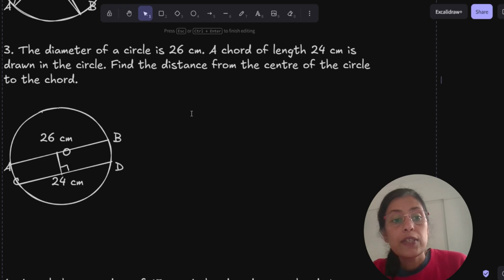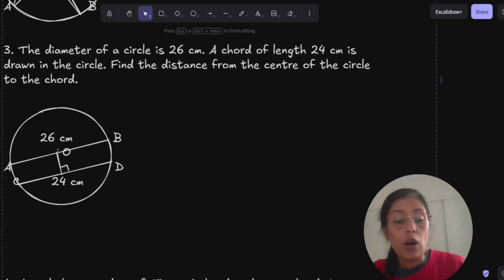Now the question is, find the distance from the center of the circle to the chord. So the center is O, and we have to find the distance from the center of the circle to the chord. What I had told you is, whenever we are told this is the distance from the center of the circle to the chord, it means it is the perpendicular distance.